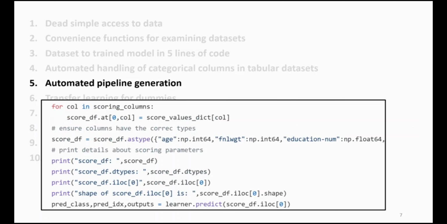For simple applications, fastai automatically defines a pipeline that applies the same transformations at inference time that were applied at training time. For example, here's what the inference code looks like for a fastai model deployment using Flask. The scoring parameters are loaded into a data frame, and then that data frame can be applied directly to the model.